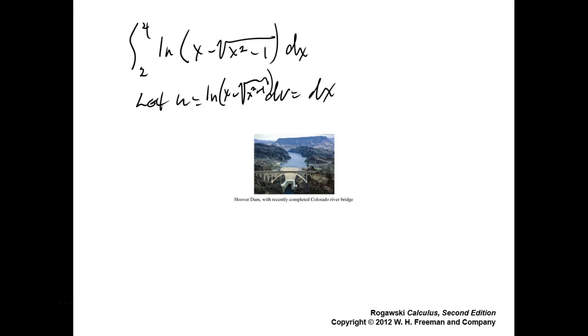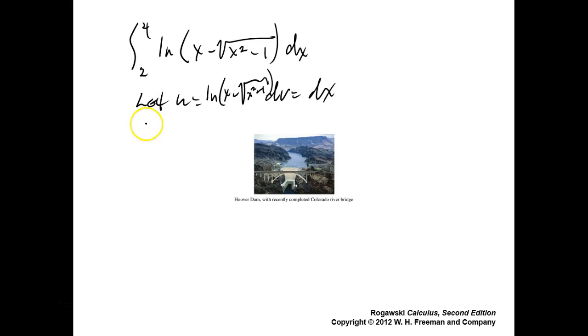Then when I'm finding the derivative of that. Yeah, you do the derivative of that, which is, right? Say again? I have to do the chain rule? Yes, you do. Okay. And the dv is going to be dx, so v is going to be x. So when I'm doing the derivative of log, the first thing I have is 1 over x minus the square root of x squared minus 1.